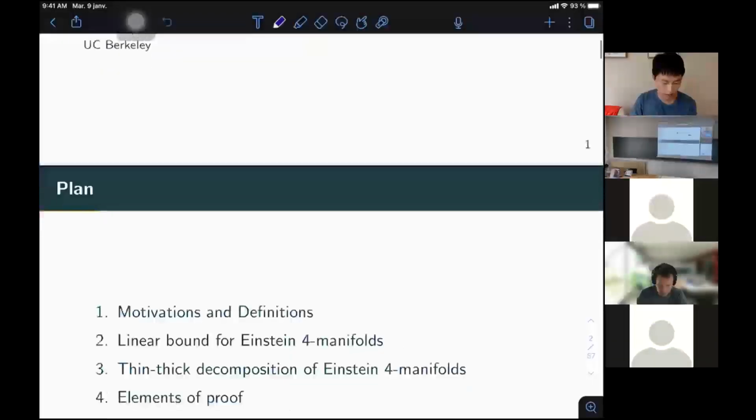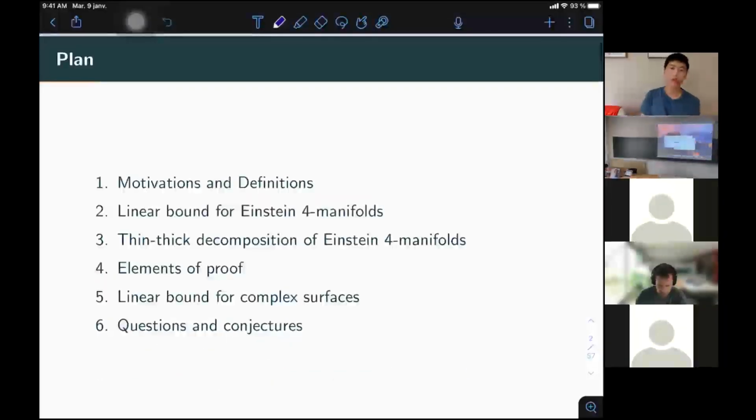So let's get started. My plan is to first give you some motivations and definitions. After going through known results and why I'm interested in that condition that the sectional curvature is bounded, I'm going to give you the main theorem, which is a linear bound for the essential minimum volume in terms of the Euler characteristic of your Einstein four-manifolds.